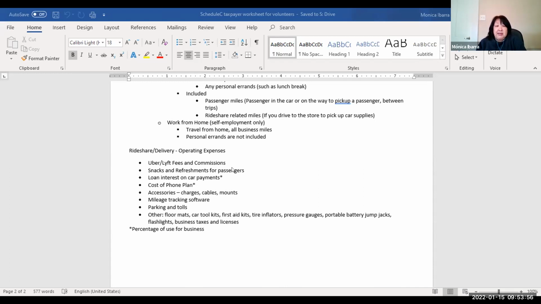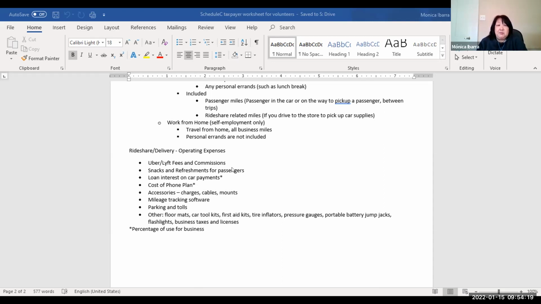If you're still making payments on your car, the loan interest on your car payments is something that you can deduct. And that is just the percentage that you use for business. So if you use your car 60% of the time for your business, then 60% of that loan interest is what you can deduct. The same with the cost of a phone plan.